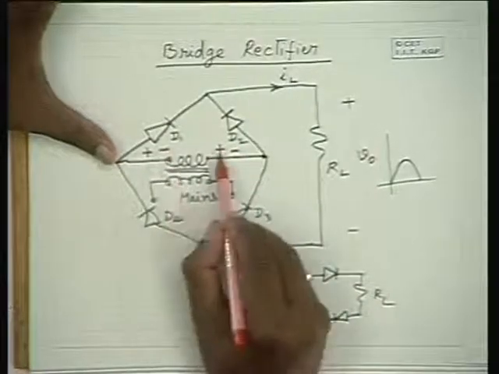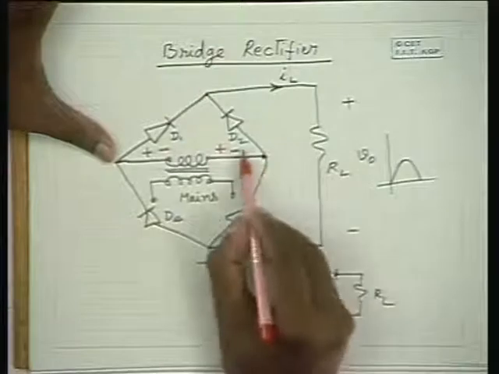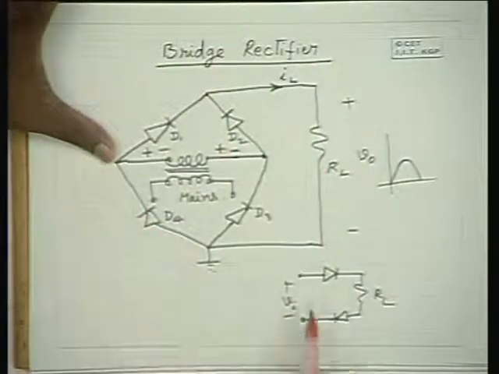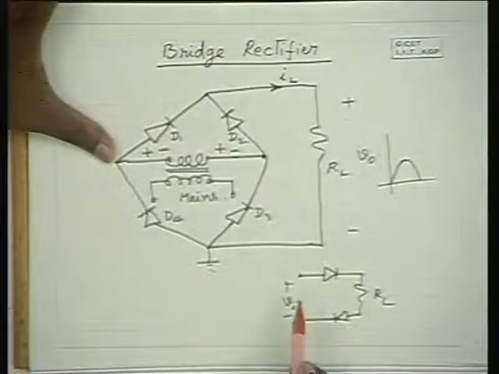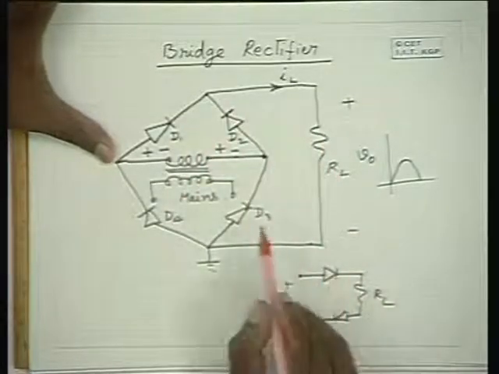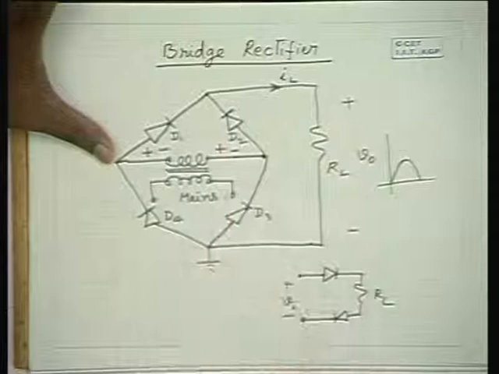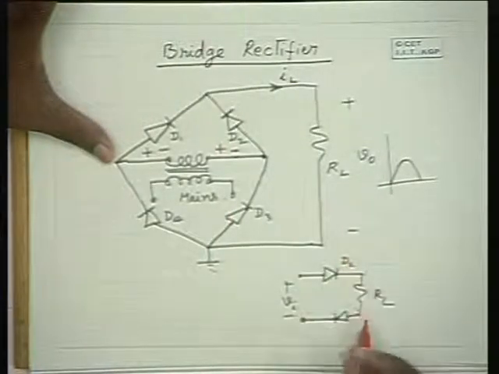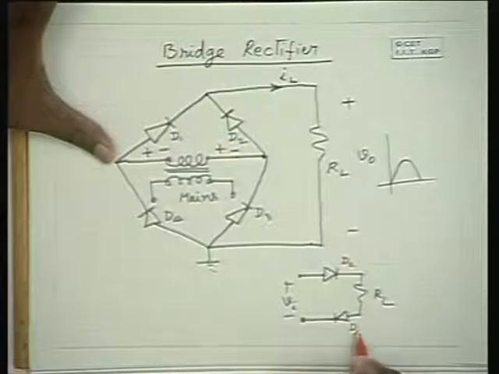Now this positive supply is applied to RL through D2 and D4, in the same fashion as here. So the negative half cycle is applied in the positive direction to the RL through D2 and D4. So this time it is D2 and this is D4.